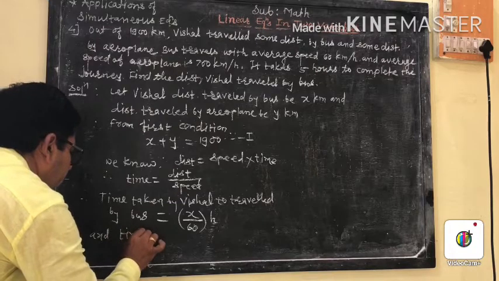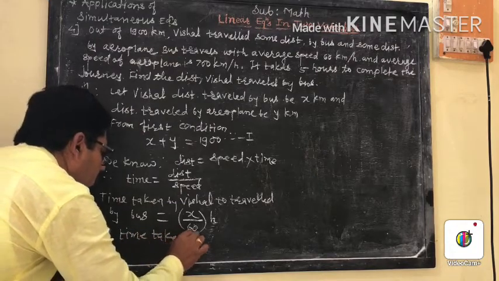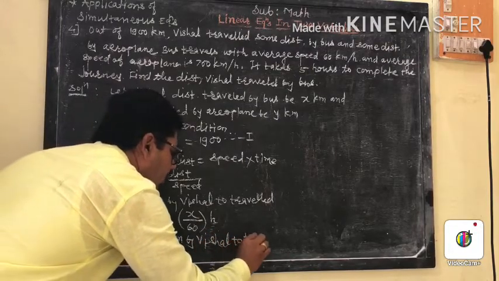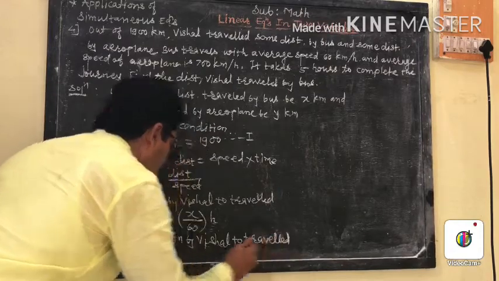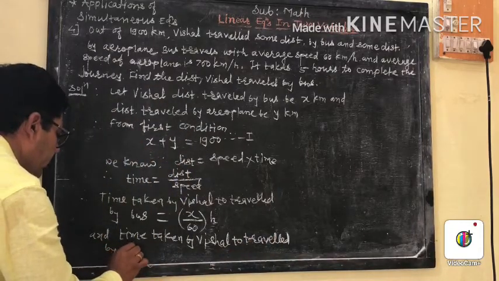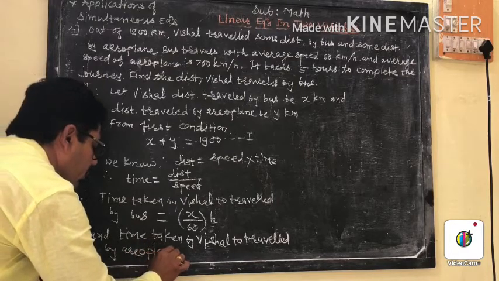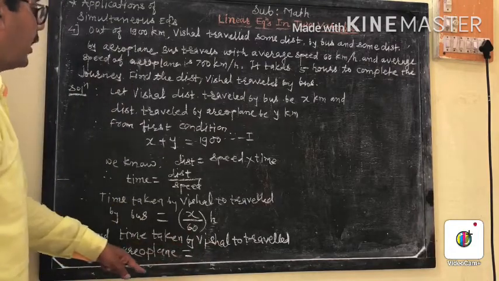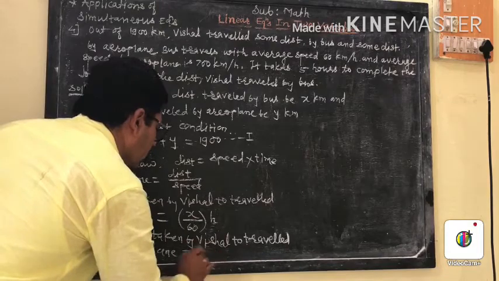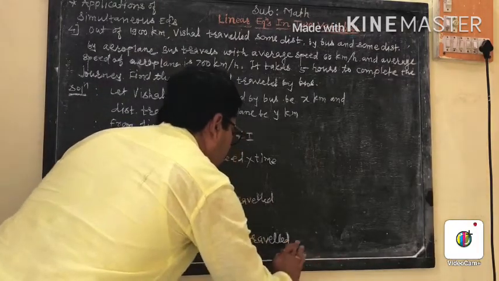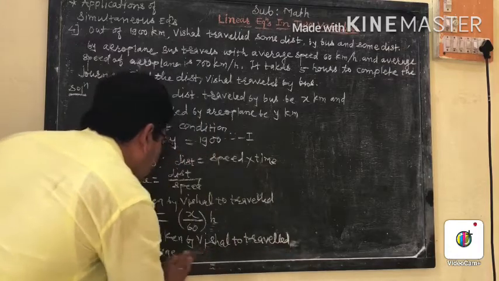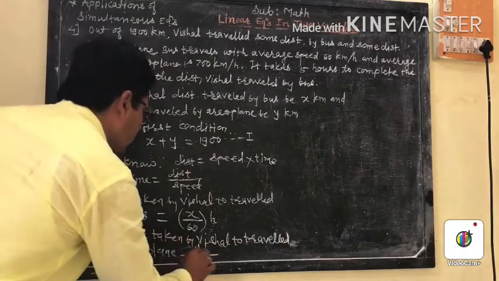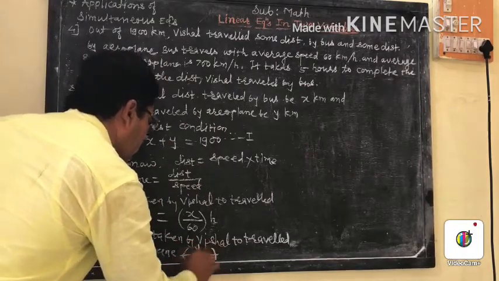And the time taken by Vishal to travel by aeroplane: he traveled by aeroplane how many kilometers? y kilometer, divided by the speed of the aeroplane, 700, hours.